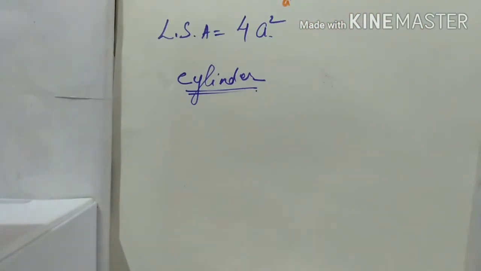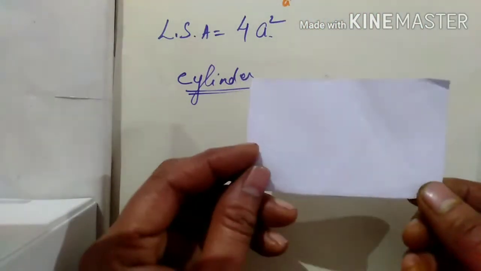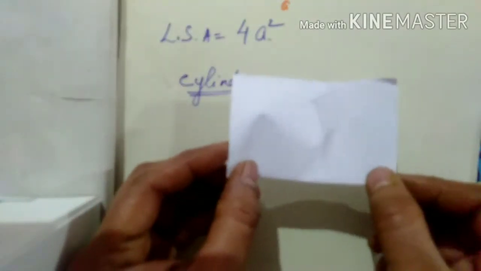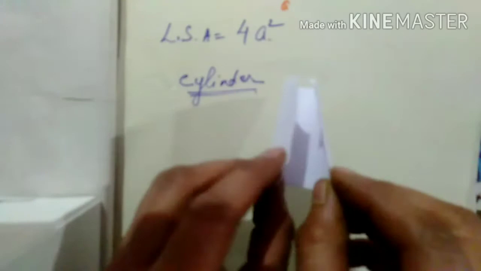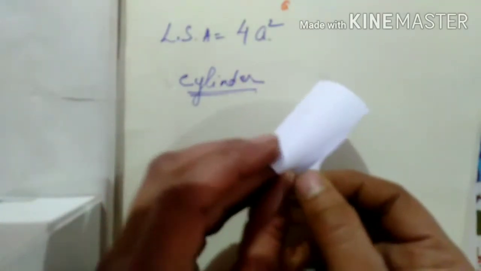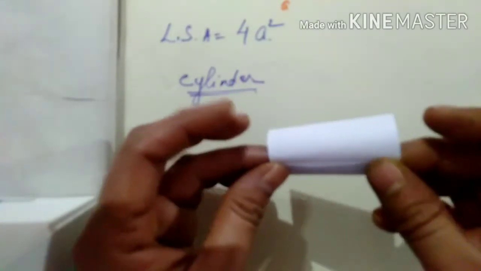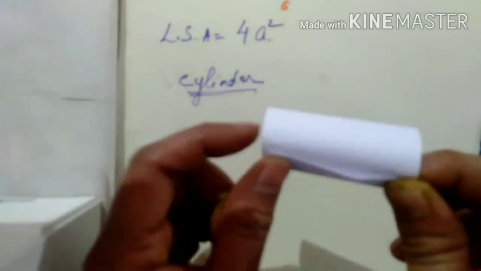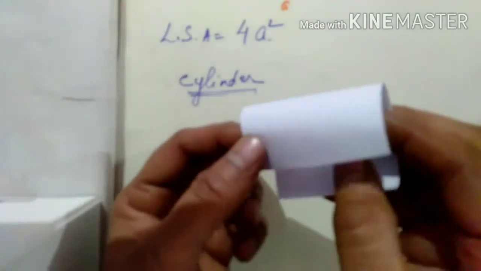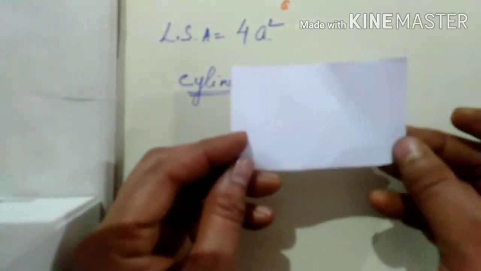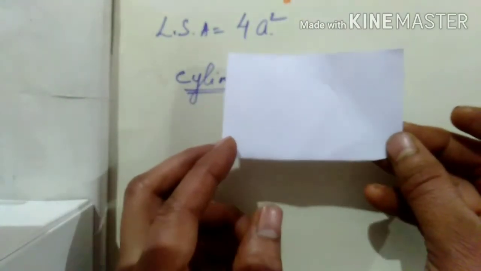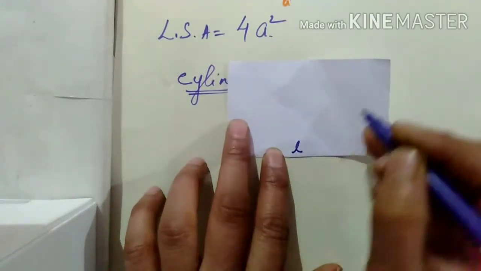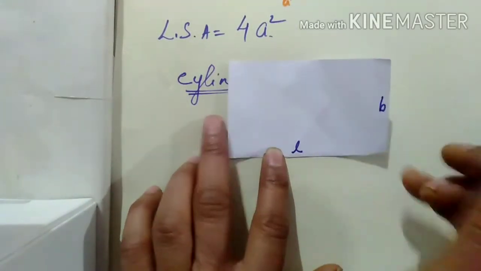Now you can understand this with a piece of paper. This is rectangular in shape. If I fold this rectangular paper in this way, it forms a cylinder. You can see the circular faces are there, which was initially a rectangular piece of paper. Now this has length and breadth.